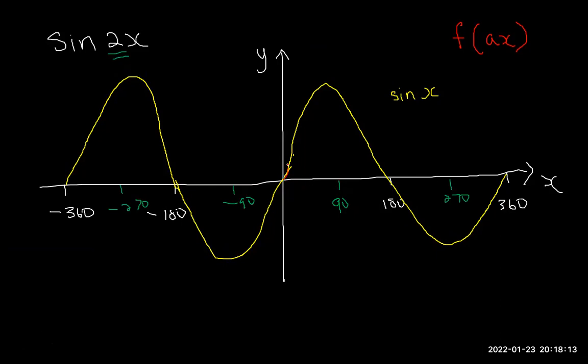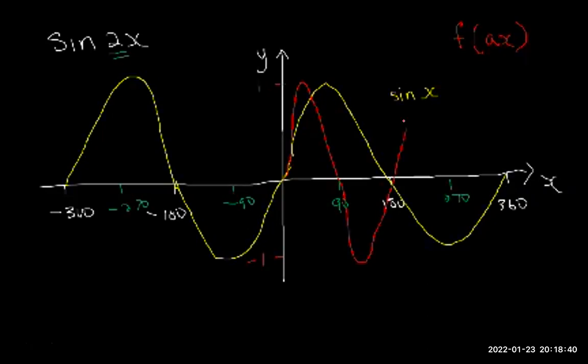Remember, this is 1, this is -1, the maximum and minimum values for the sine graph. So it will still go up to 1. But instead of intersecting at 180, sine 2x is going to intersect at 90. Come down to -1, go up to 180, go back up to 1, come down at 270, go down to -1, go back up to 360.